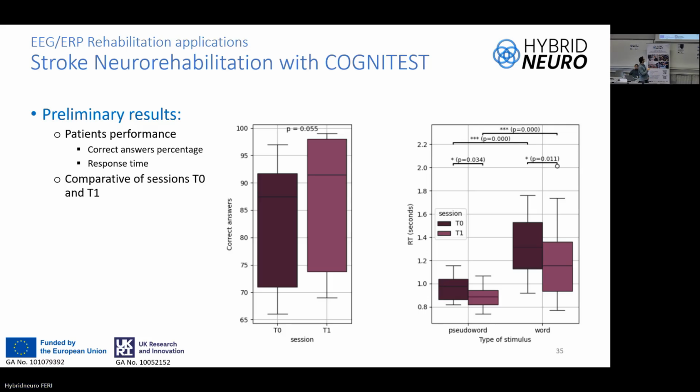Regarding the percentage of correct answers and the response time, this is the difference between sessions. This is the first session, the second one, and also this is the response time.